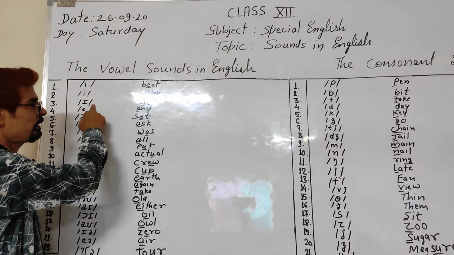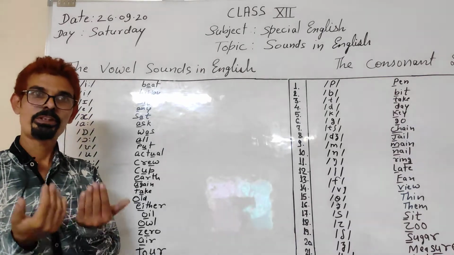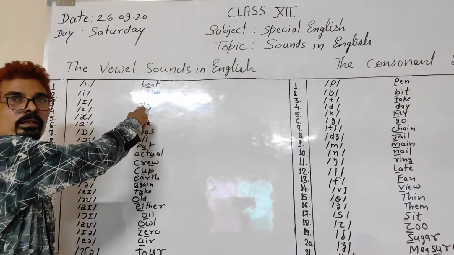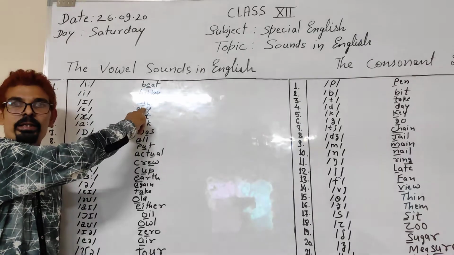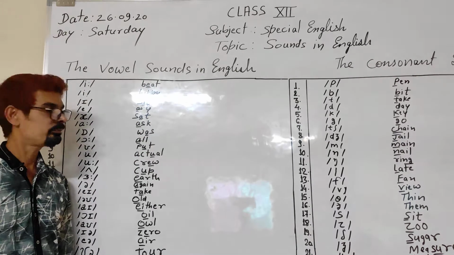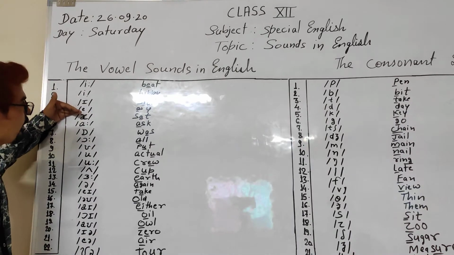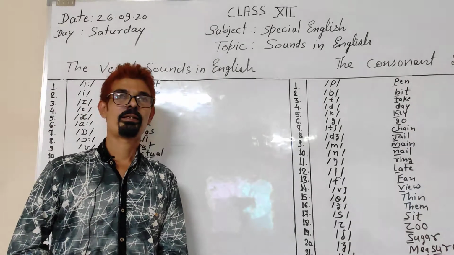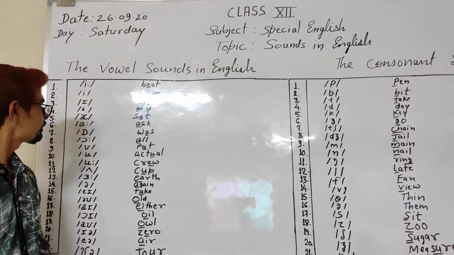Next one is i. This is also a short sound. Sit. And the underlined alphabet represents this sound. Okay. E. E represents the sound of A. Any.